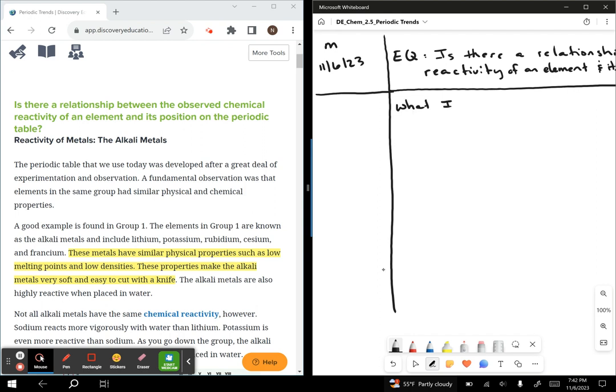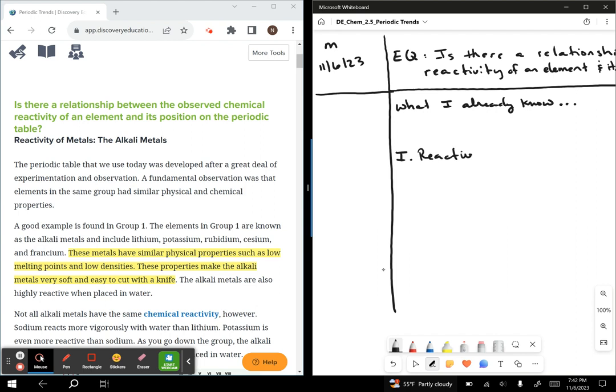What I already know. Okay, so go ahead and pause and answer that question, what you already know. And then let's go ahead and start with Roman numeral 1.